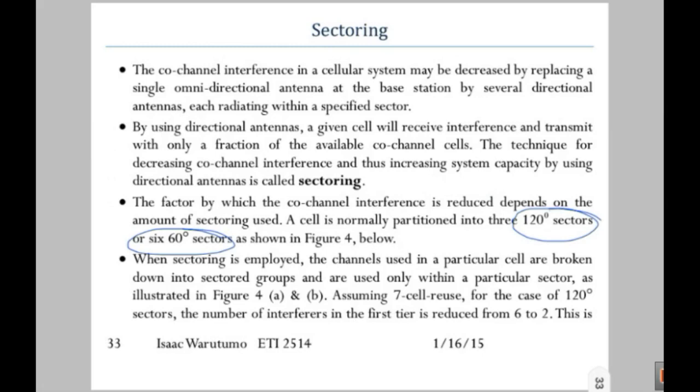Assuming 7 cell use pattern, for the case of 120 degrees, the number of interferers in the first tier, and this is a concept that you must get very well because it will come up particularly in your interviews. First tier means the number of the cells that are having the very first cochannel interference.